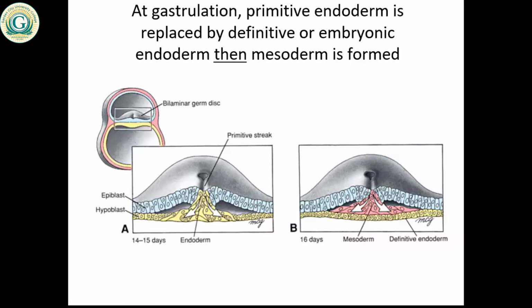Okay, so this is how from bilaminar, trilaminar is created. Bilaminar means epiblast and hypoblast. To form 3, first, number 1, the primitive streak. The gutter will be formed from the cauda and then directed to the cranium. When that gutter is formed, cells from the epiblast will start entering the streak, going to replace cells in the hypoblast.